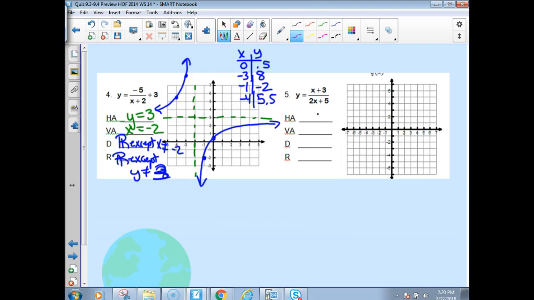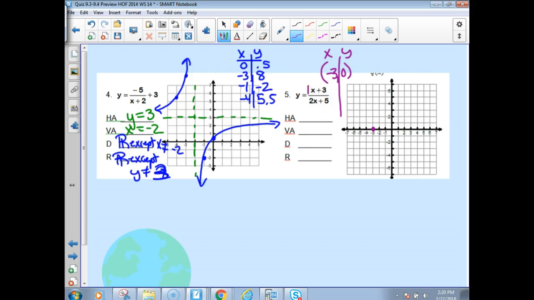Now, the next one is not in the transformation form. We've got to think about all those little rules. I'm going to go ahead and say my x-intercept is going to be -3, 0. I already got a point. My horizontal asymptote, I've got equal weight top and bottom.